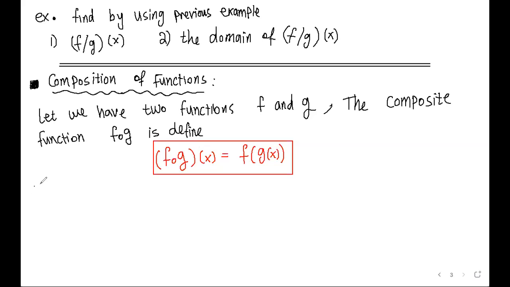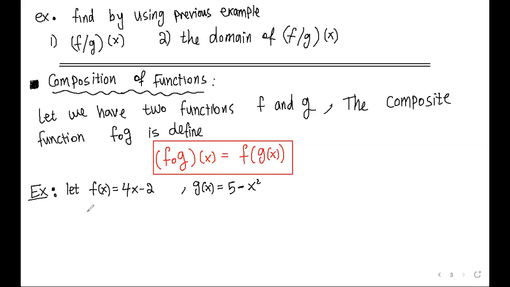Now, let me give you an example. Suppose I have two functions. The first function is f of x equals 4x minus 2. And the second function is g of x is given as 5 minus x squared.